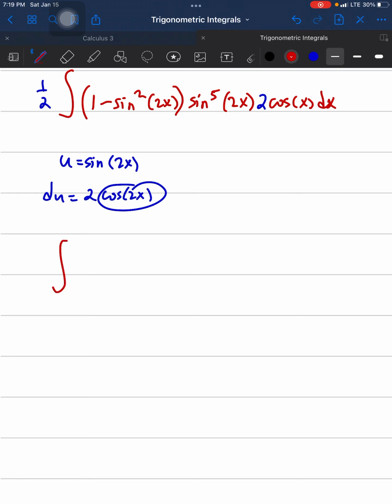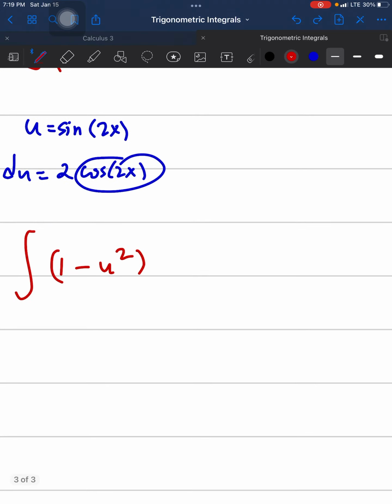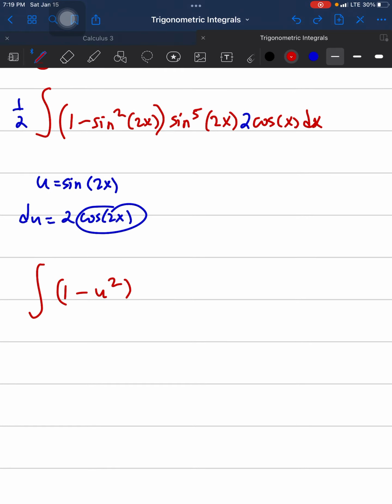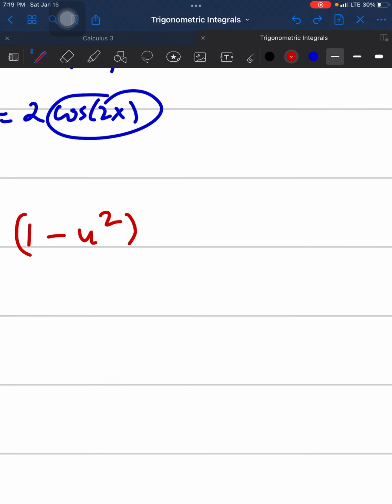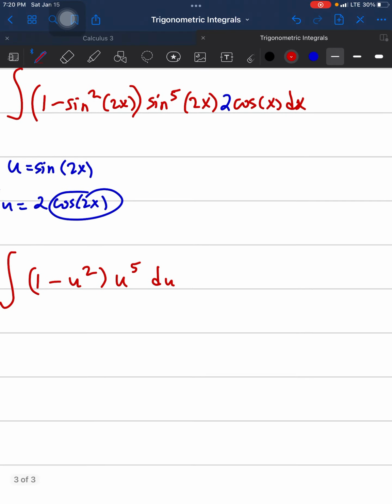So let's substitute now. We're left with 1 minus u squared, because sine squared 2x is two of these. So it's just going to be 1 minus u squared. And then right here, we have sine to the 5th 2x, so we write u to the 5th du.